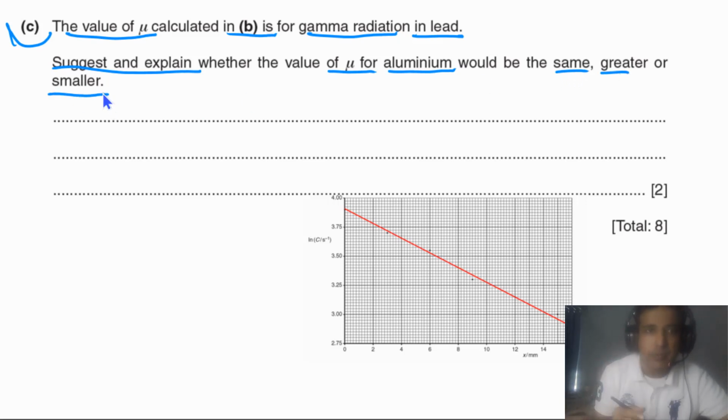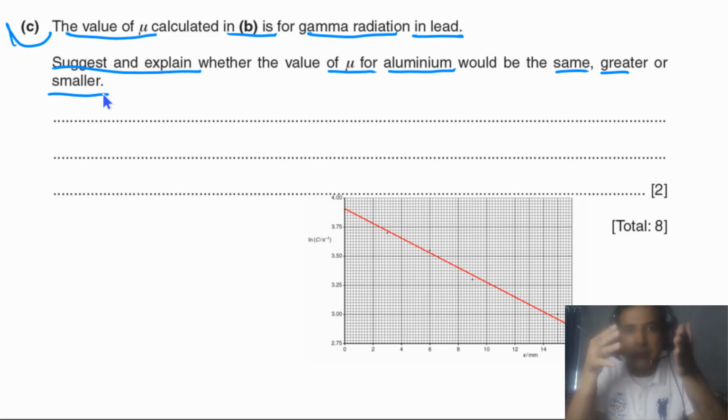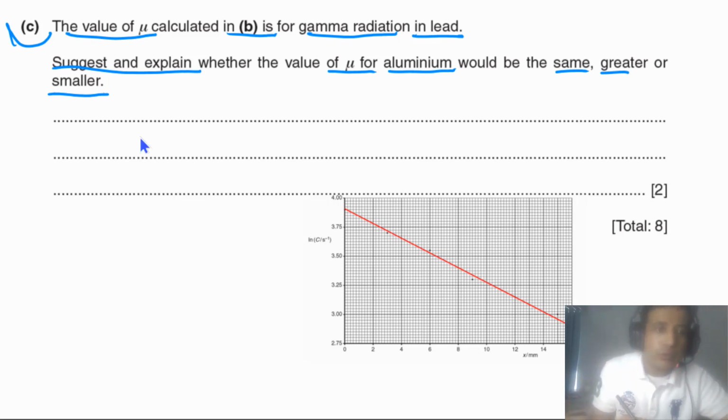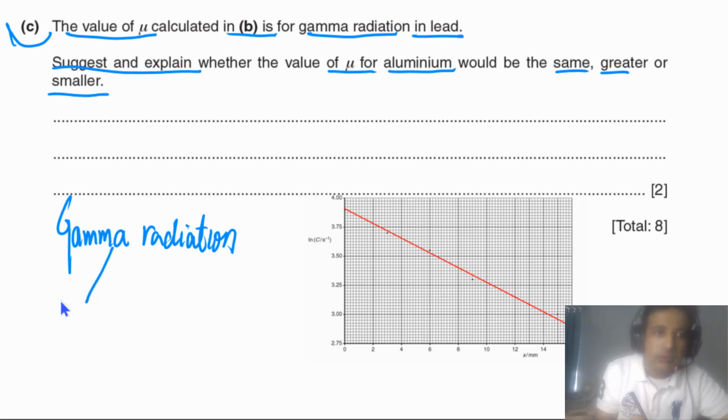Suggest and explain. So we need to understand, if we pass gamma radiations through lead and we pass gamma radiations through aluminium, in which metal gamma radiations are more absorbed? So simply I hope you will say gamma radiations are easily absorbed by lead, means lead will absorb more gamma radiations, and aluminium will absorb less.